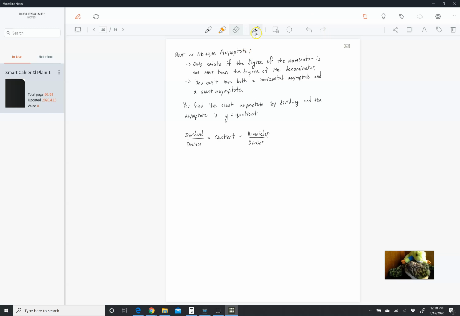Now we know something. We know that when x is very, very large, this approaches 0. Because the degree of the divisor is greater than the degree of the remainder.